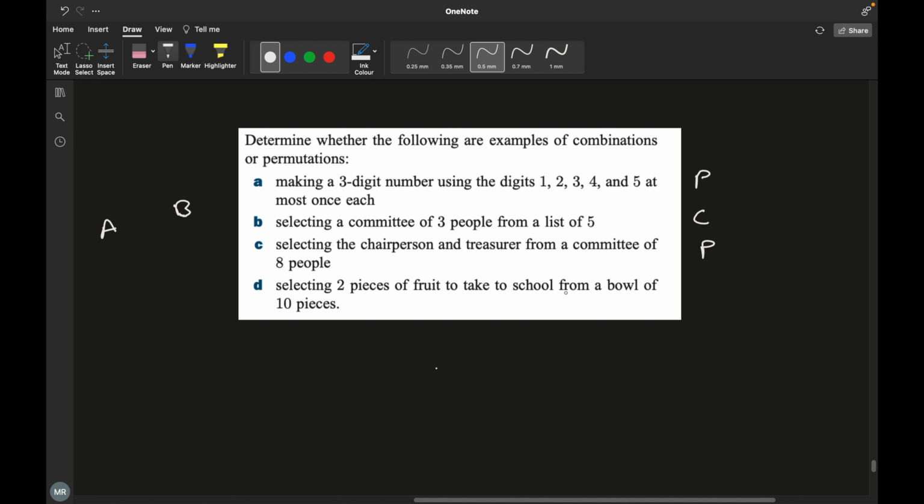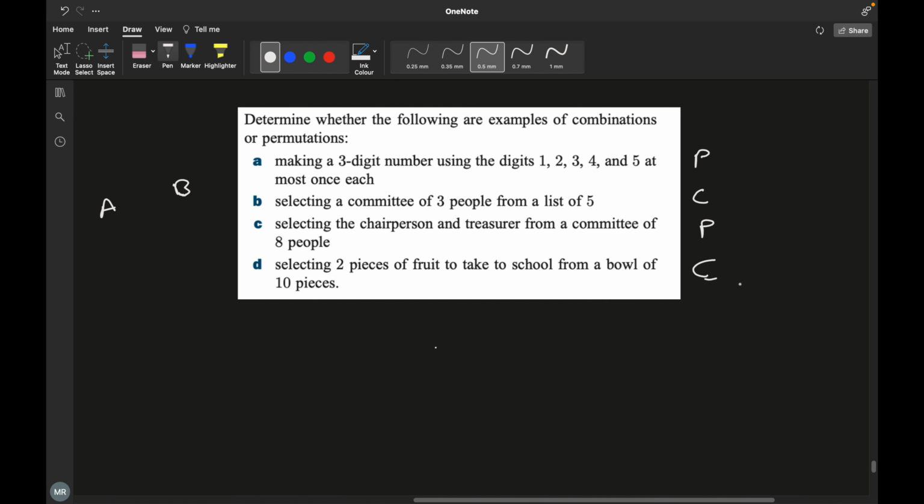And then selecting 2 pieces of fruit to take to school from a bowl of 10 pieces, this will be combination, because it does not matter whether you take an orange first and then a banana, or a banana and then an orange. So it's combination. I hope these examples made it much more clear and you do understand the difference between combination and permutation.